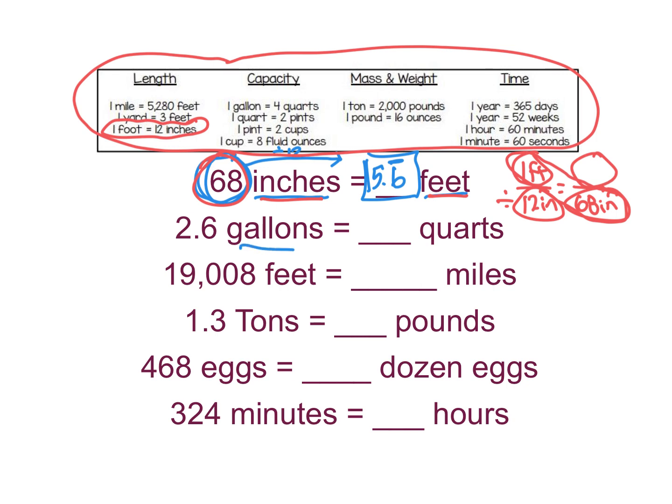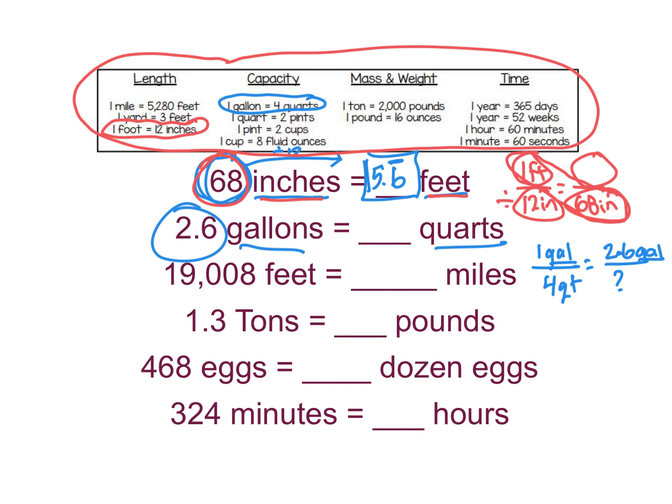So I have gallons and I have quarts. So I'm going to look for that fact right here, gallons and quarts. So 1 gallon has 4 quarts. I know gallons, so that number is going to go on the top because I want to match my gallons with my gallons. Okay, and so the question mark, the one we don't know, is on the bottom.